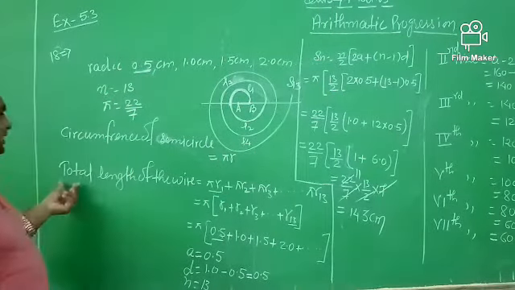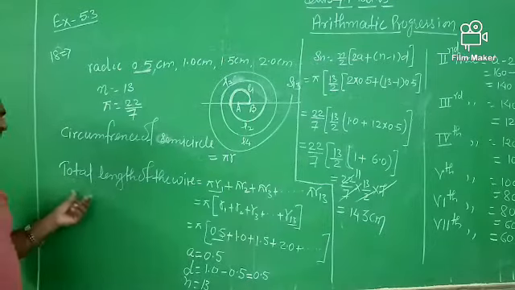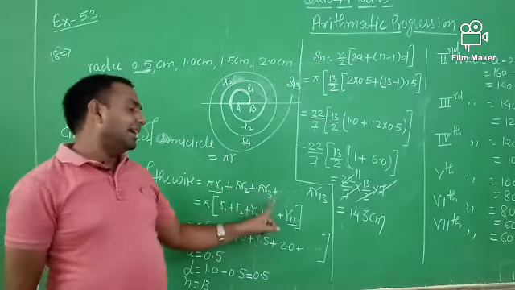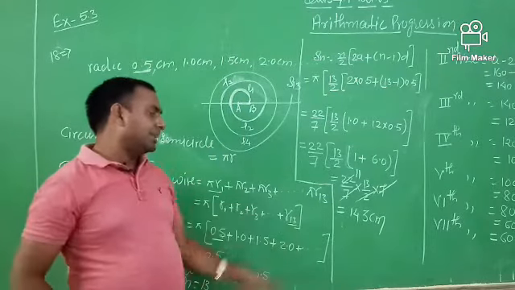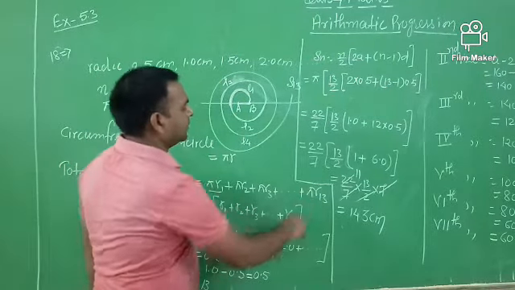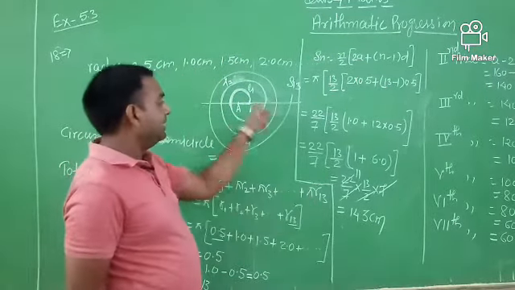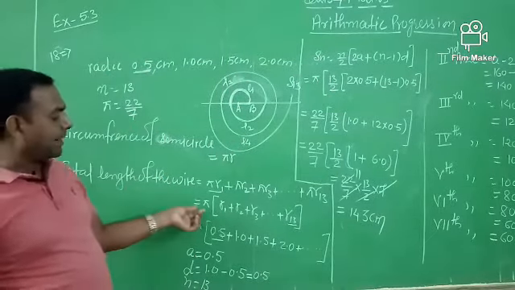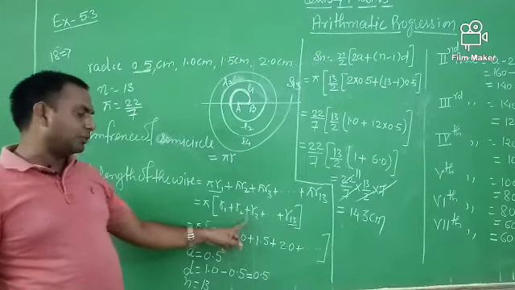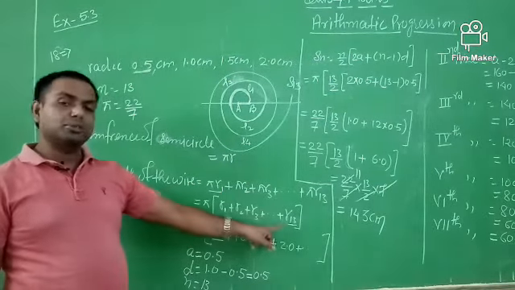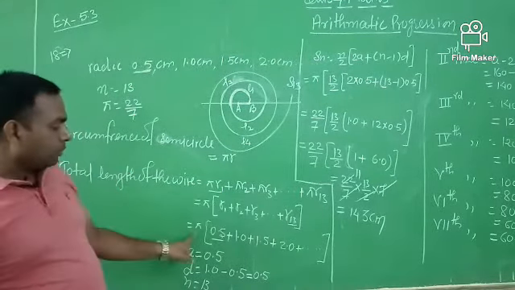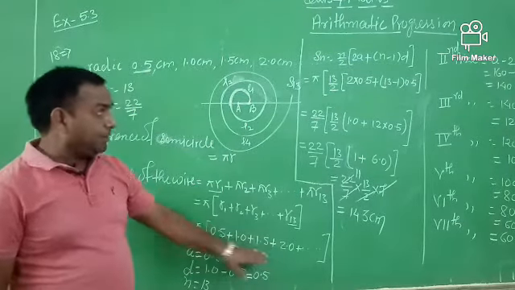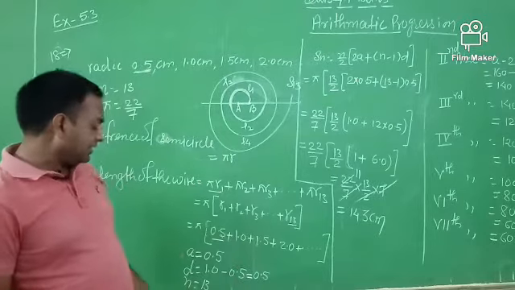So the total length of the spiral wire is equal to pi r1 plus pi r2 plus pi r3 and so on plus pi r13, because the radii of 13 semicircles are given. You take pi as common, so r1 plus r2 plus r3 and so on plus r13. You put in the values and find this is an AP, an arithmetic progression.